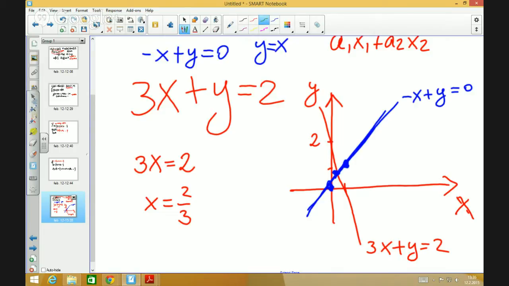So for instance, if I have a green line here that goes parallel to this one, and it goes through the point 1, 0, that will never intersect the blue line. So if you have a system of equations that consists of these two lines, then there will be no solution whatsoever.